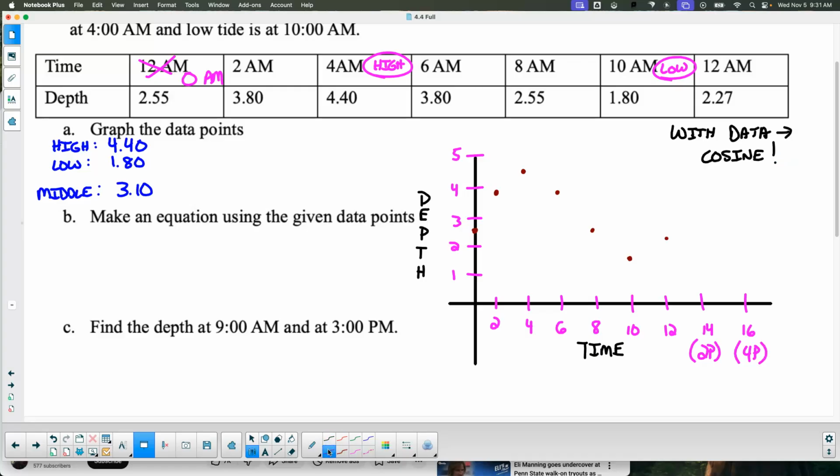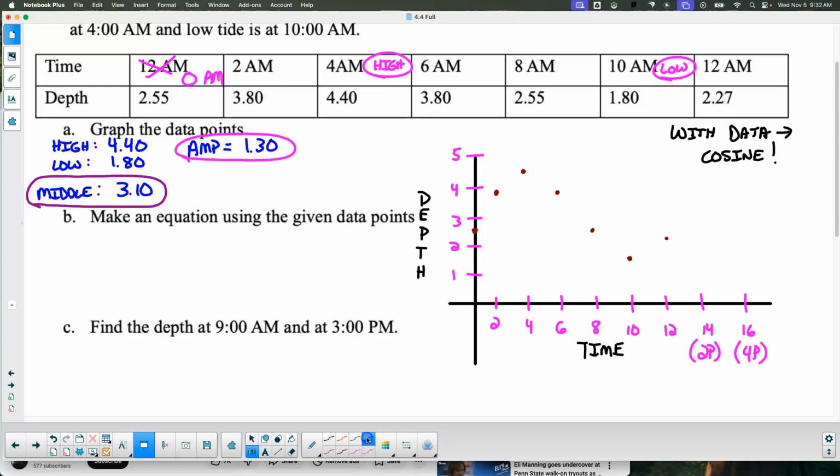That is my D value. I've got my amplitude. What is my amplitude? 1.3. That is my A value.